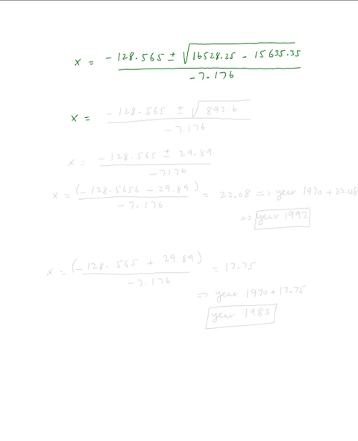Now x is equal to negative 128.565 minus or plus the square root of, if we do the subtraction, we get 893.6.